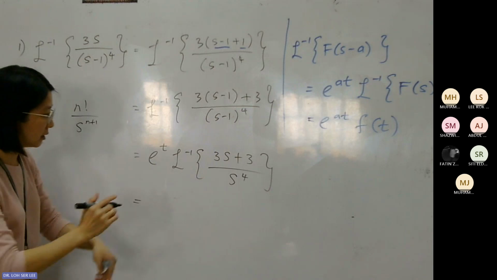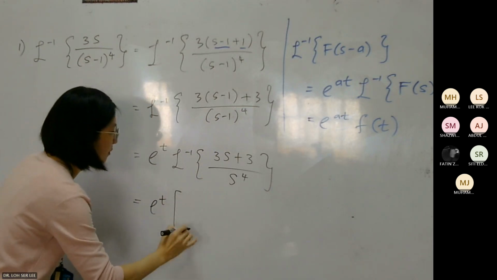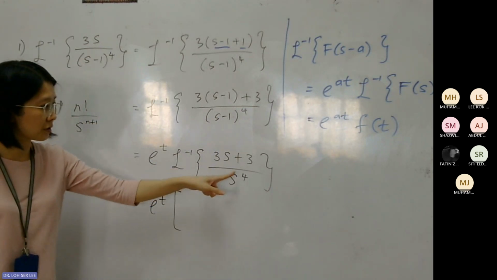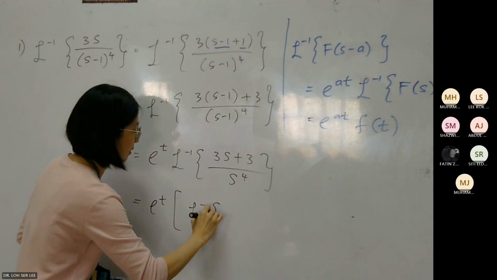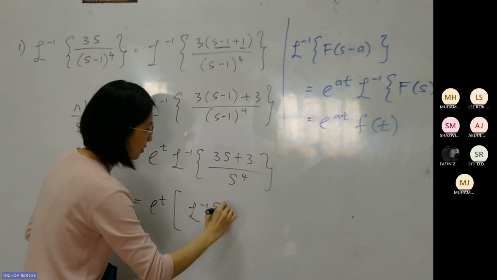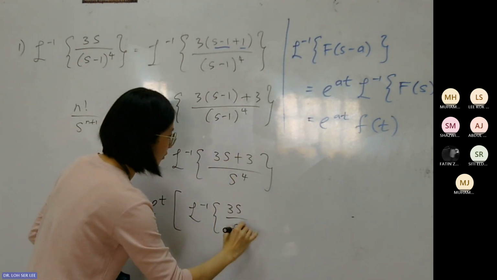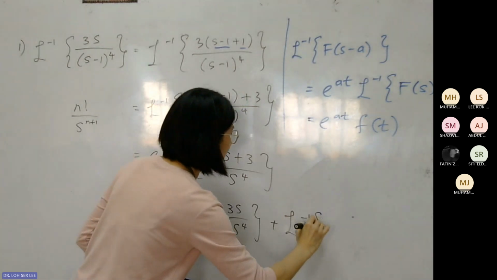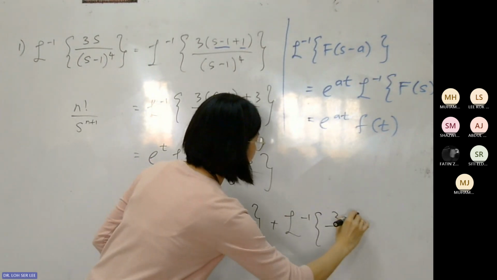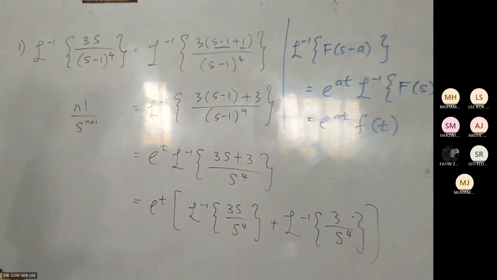So this one, how to solve this? You break this into 2, right? 3s over s to the power 4, and then another one is 3 over s to the power 4.